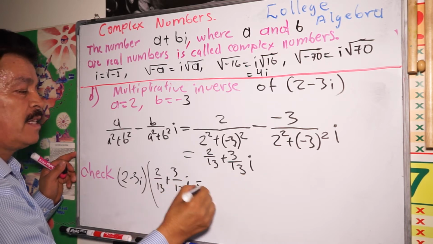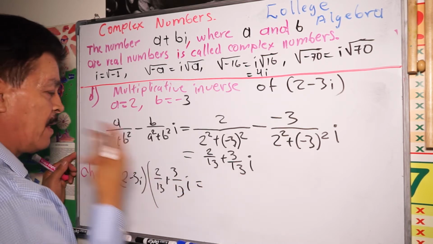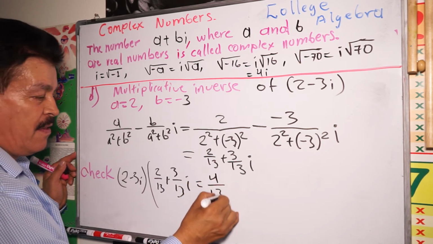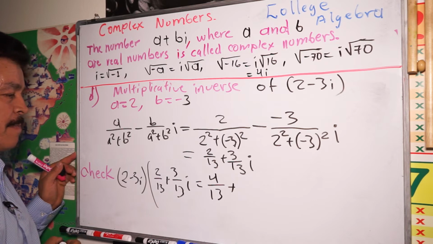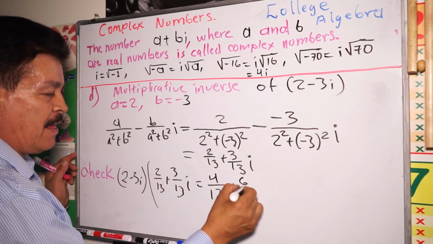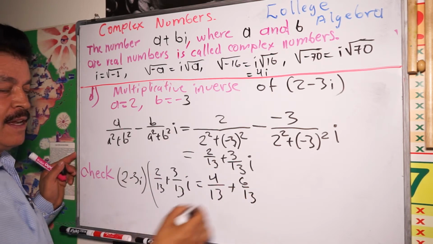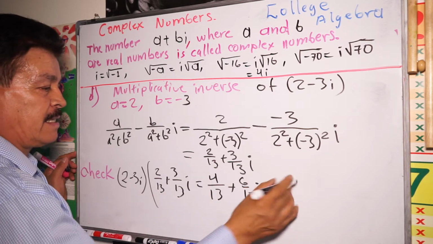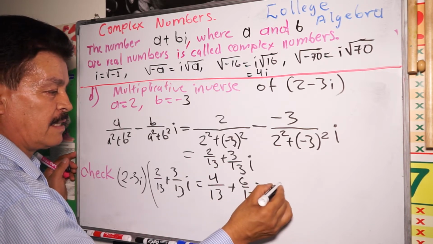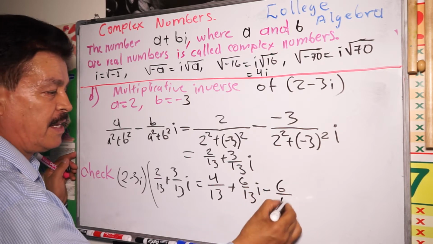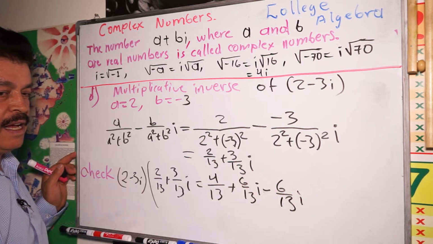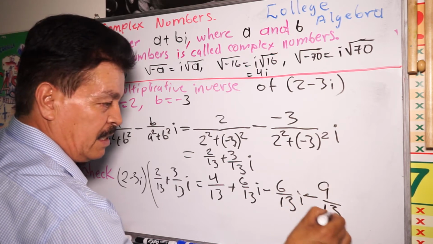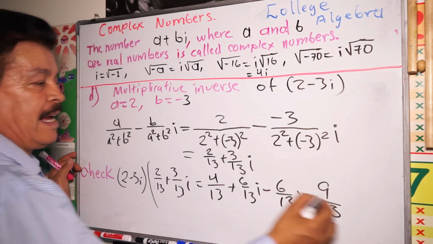Okay? This equals what? It's going to be 4/13 plus 6/13 i, minus 6/13 i, minus 9/13 i squared.